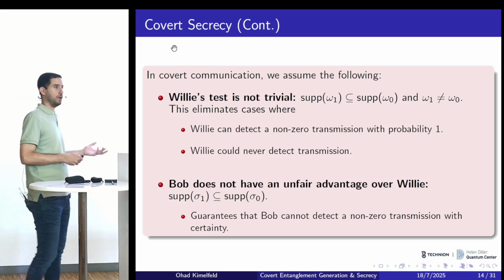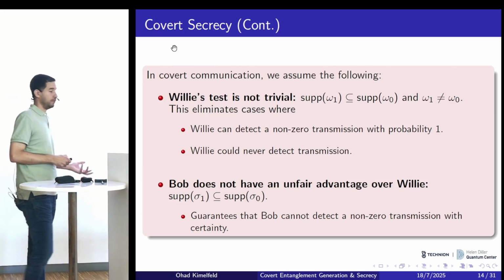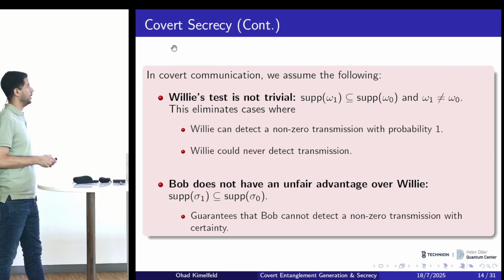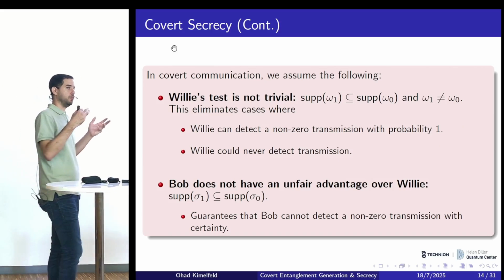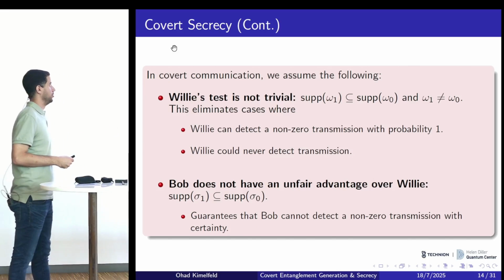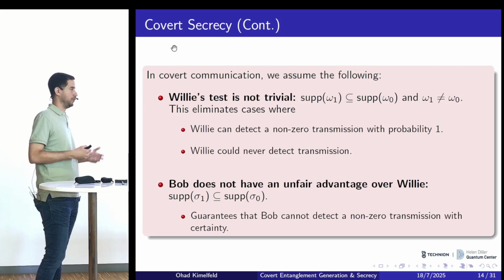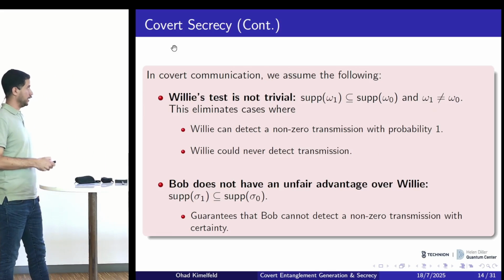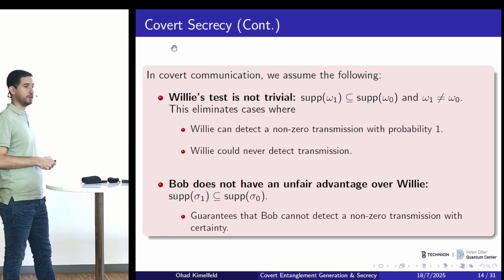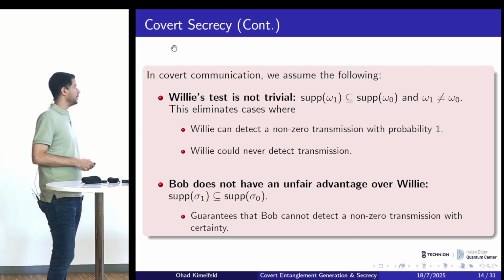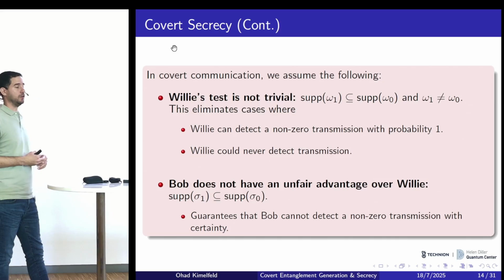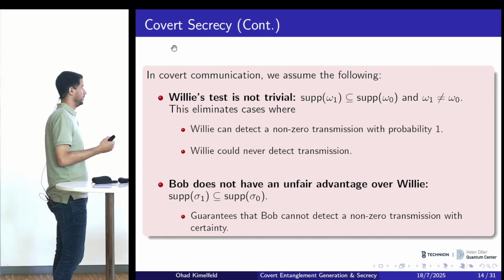This eliminates cases where Willy can detect non-zero transmission with high probability, and cases where Willy could never detect transmission. Another important assumption is that Bob does not have an unfair advantage over Willy, which means mathematically, again, the support of sigma 1, which is Bob's state corresponding to the input 1, is a subset of the support of sigma 0. And this guarantees that Bob cannot detect a non-zero transmission with high certainty.